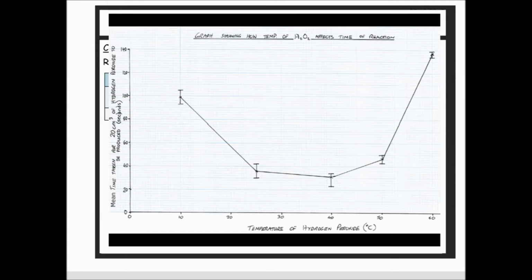Now let's look at the error bars in detail, and here's the problem. It is perfectly feasible, because we had results to this effect, that value there could be as high as the limit of the error bar in that position, or as low as the limit of the error bar in that position. If we go to this one, we get the same idea.